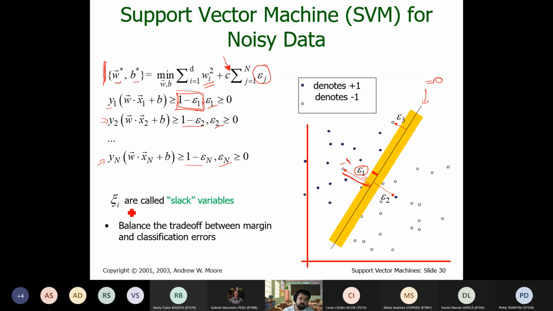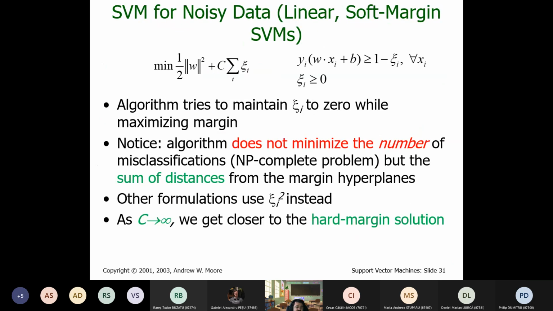The xi's are called slack variables, and the value C is a balance, a trade-off between the margin and the classification errors. However, again, this is a parameter that needs to be decided by the programmer. It cannot be inferred automatically.